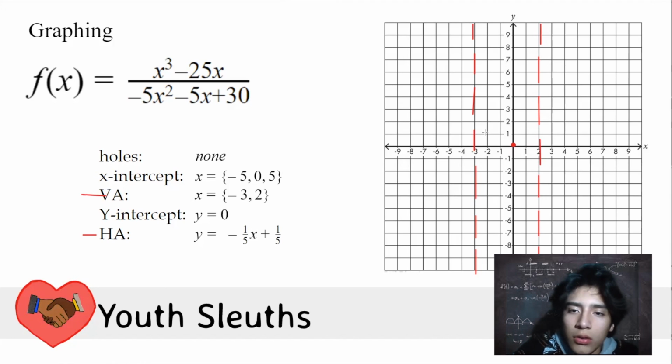So 1, 2, 3, 4, 5. And here is our point. Then again, 1, then 1, 2, 3, 4, 5. And that is our point. Now, you just draw our asymptote.